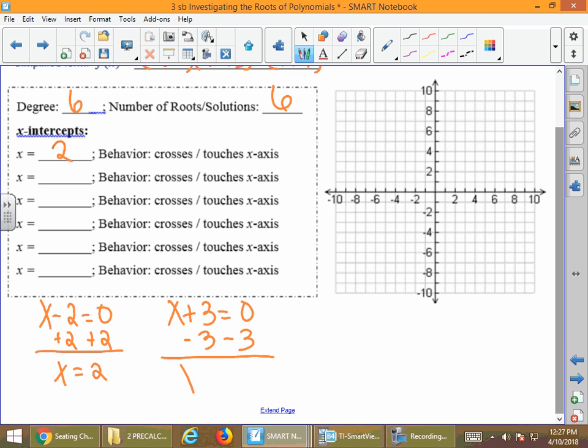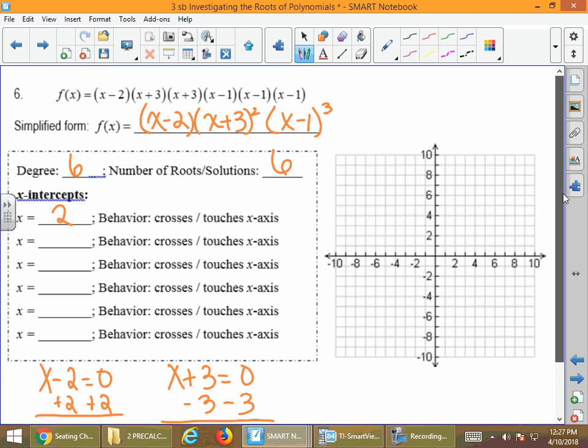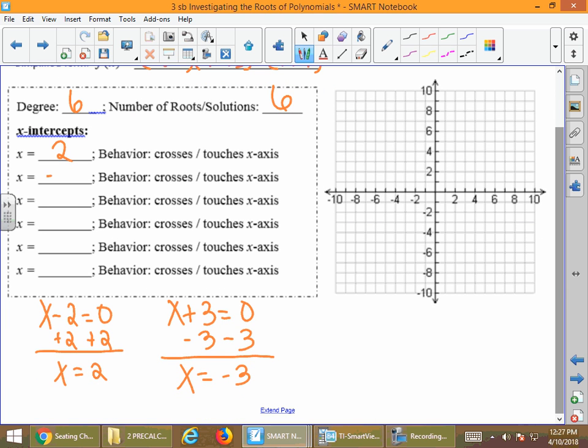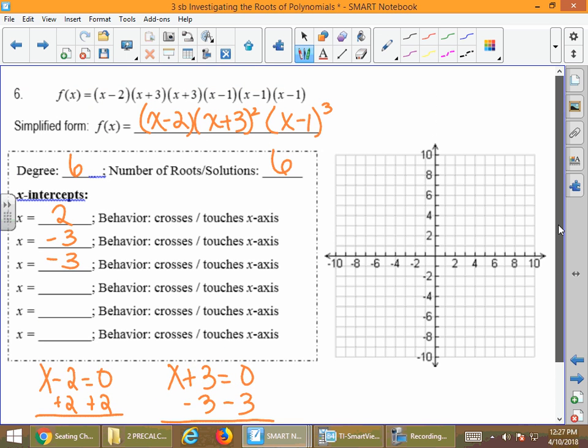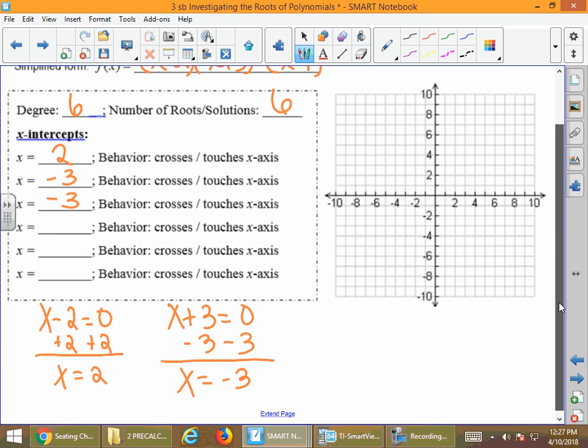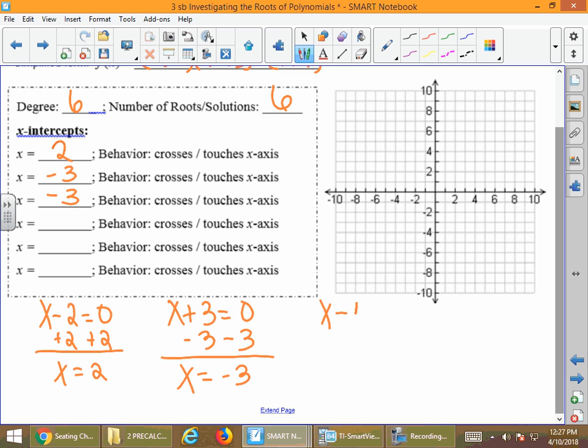So we get x equals -3. And if you notice, we've got 2 parentheses that have that in there, so we're going to have a -3 and a -3. And then we've got x minus 1, x minus 1, x minus 1. Well, x minus 1 equals 0. We can add 1 to both sides, and we get x equals 1. Here, here, and here.